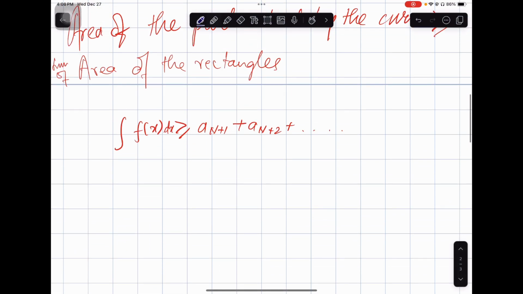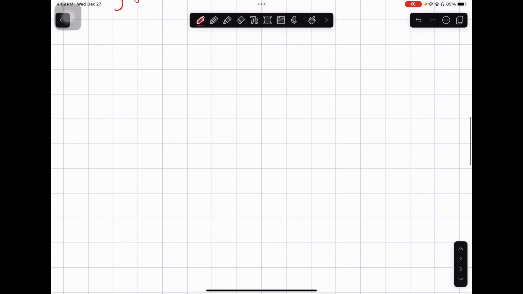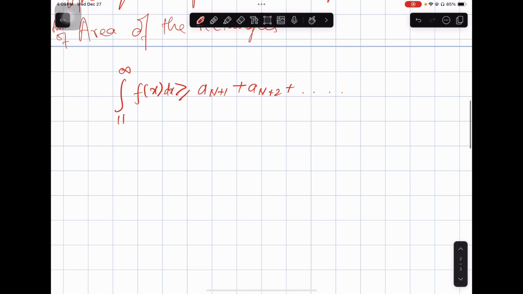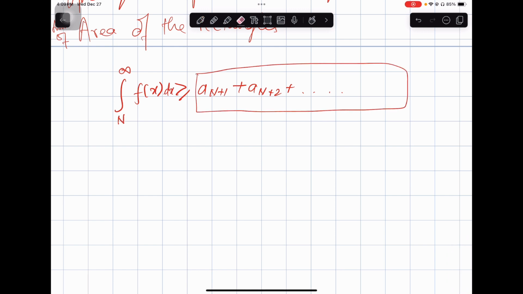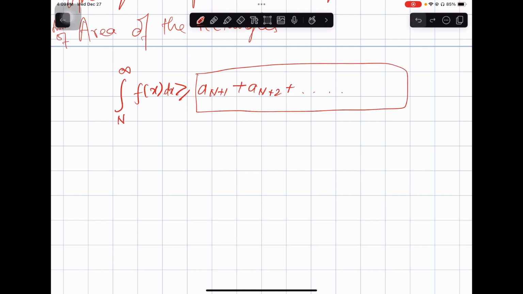There is no doubt about that because we are going till infinity. But the lower bound here is n because we are concerned about the area from this point up until infinity. I hope you're clear on that. So the lower bound is n. And since this means the remainder, you can simply substitute it to be R_n, but let's just write the expanded version of it.